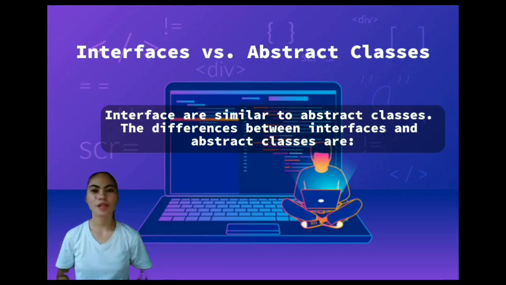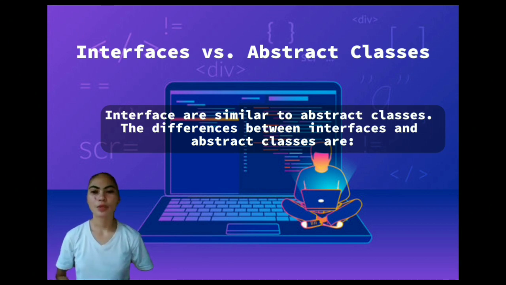Interface versus abstract classes. An interface is an abstract type that is used to declare a behavior that classes must implement. An abstract class is a class that is declared abstract. It may or may not include abstract methods. An interface is similar to an abstract class.